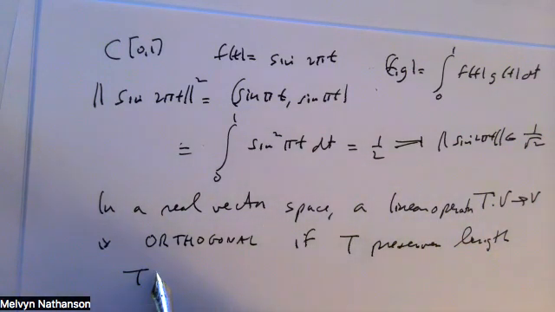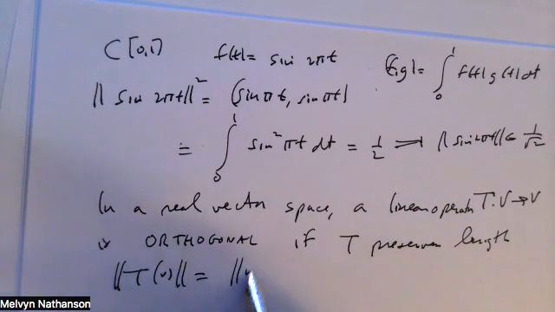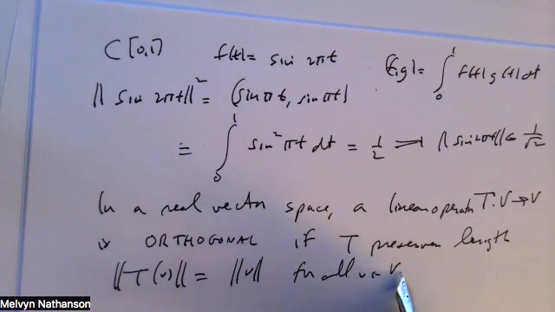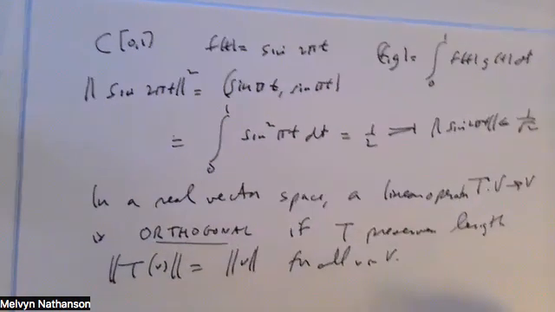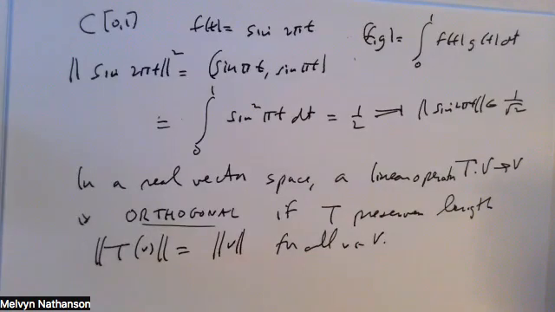That is, the length of the vector T(v) is the same as the length of the vector v for all v in the vector space.